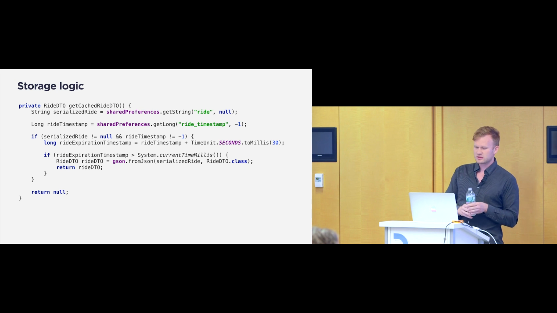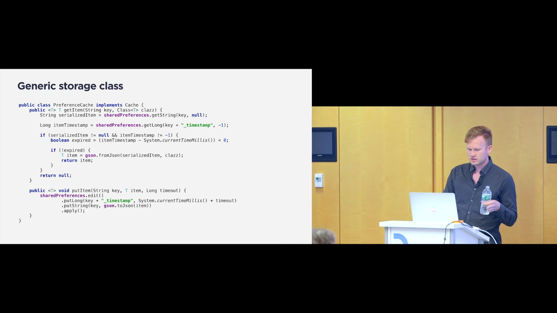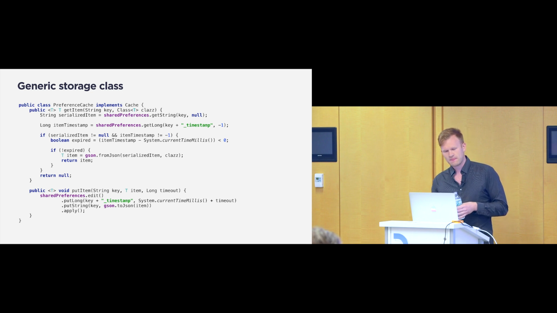So let's get back to caching logic. And as I said, we will delegate it to a separate class called cache. So here is the implementation of some generic cache class that is based on Android shared preferences and JSON.